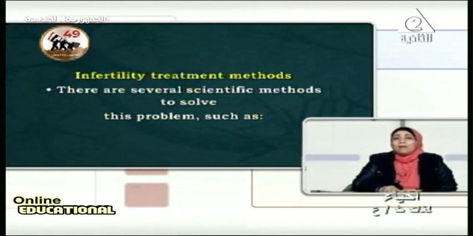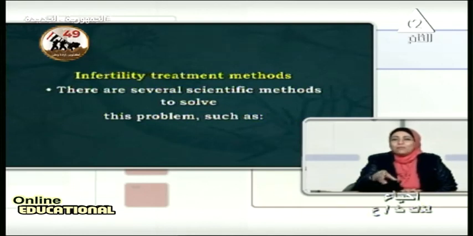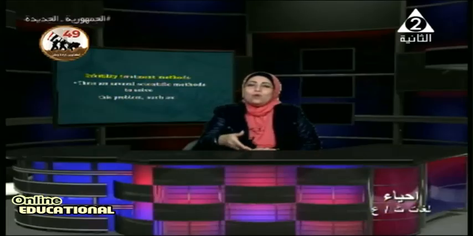There is an ovum and maybe there is sperm, but they are not fertilized. There are many reasons why the ovum cannot be fertilized by the sperm, and we describe the methods to overcome this problem to continue our life.